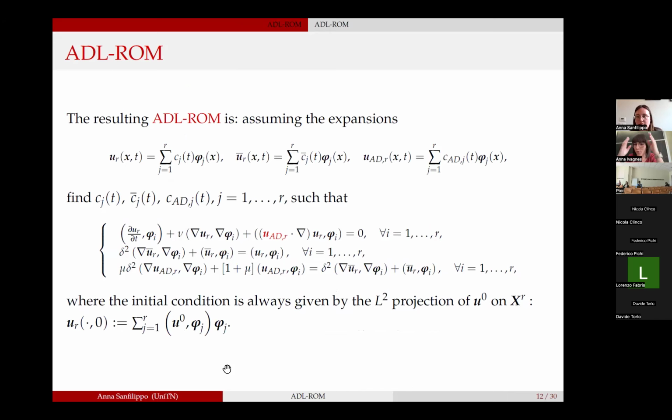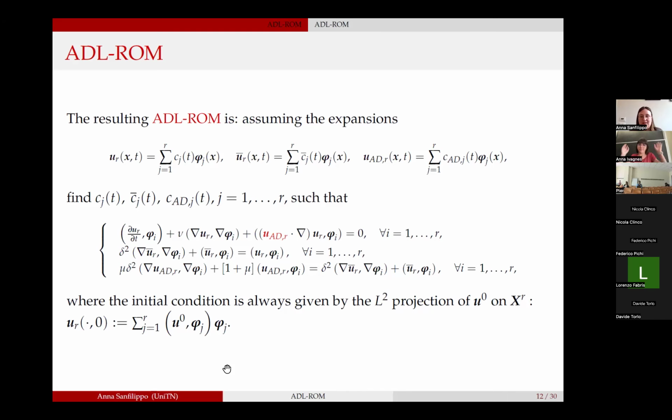I was wondering, I don't know if you know, if it was already proven, or if someone already tried: what happens if this approximate deconvolution is also in the other velocity in the nonlinear term? Okay.